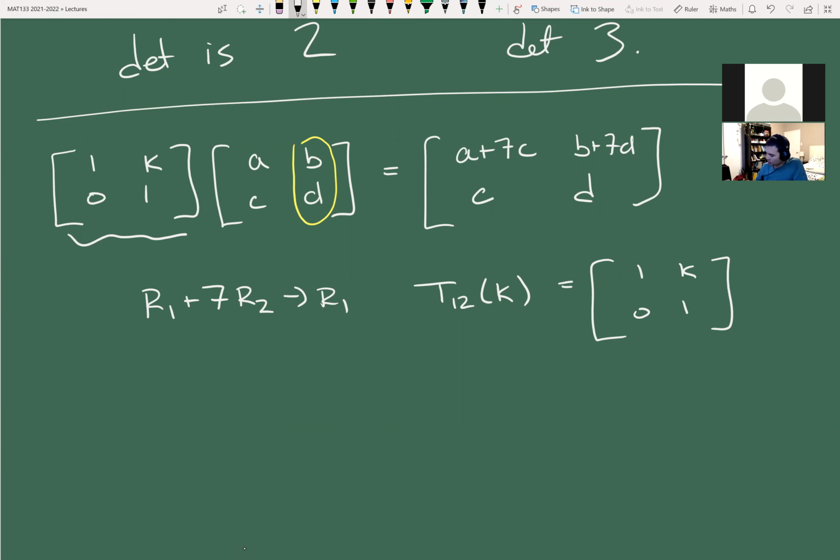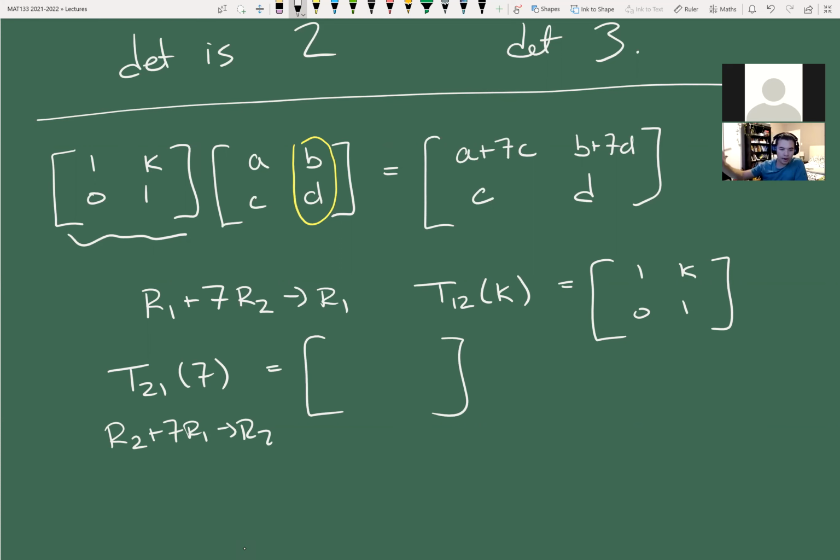Okay, can you guess what T217 would be? So remember, this means that I want to do row 2 plus 7 row 1 into row 2. If you just had to guess, like totally out of the wild, what do you think the matrix would be? So if I now switched and did row 2 plus 7, yeah, Brandon, exactly, perfect. And you can check that, right?